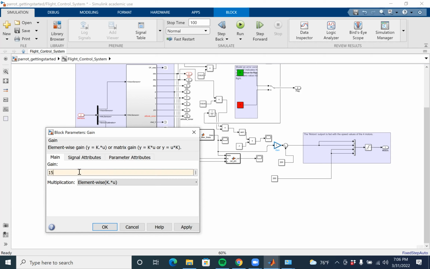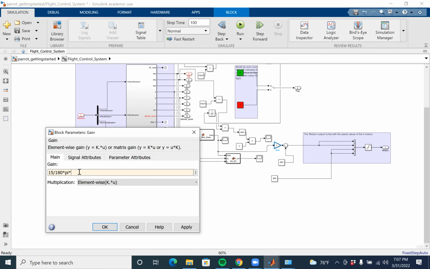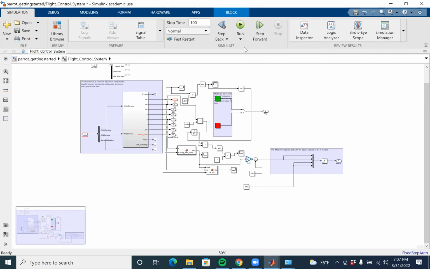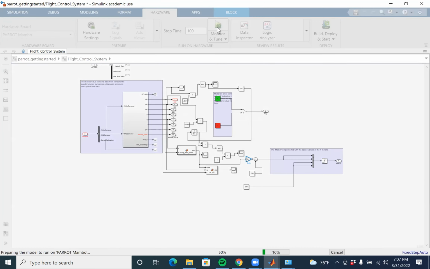So my gain is going to be 15 divided by 180 multiplied by pi. This is the maximum value, multiplied by, I'll start with 100. And then I am going to go to hardware, monitor and tune.